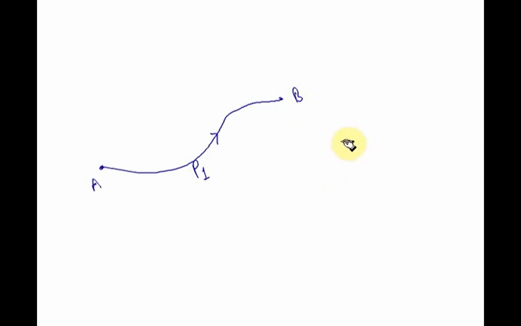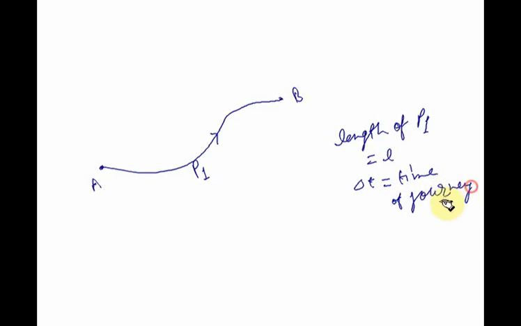Now suppose the length of this path is L, and the particle takes delta t time to reach B from point A. So delta t is the time of journey. Now in this case, the average speed would be the length of the path P1 by total time of journey, that is L by delta t.